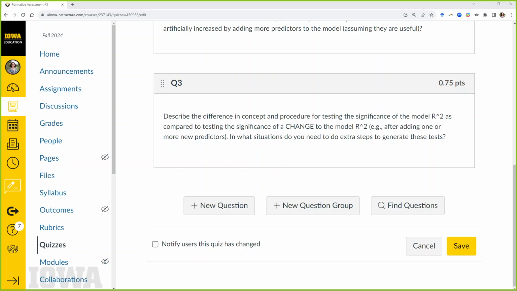Start with an F-test, yes. So on your overall model output, you should have the F-test, and that will tell you whether or not your R squared is significant. And then when might we want to see the change in R squared?